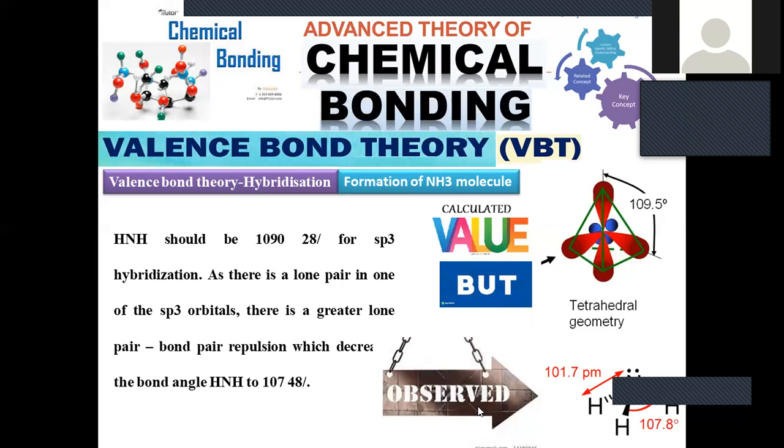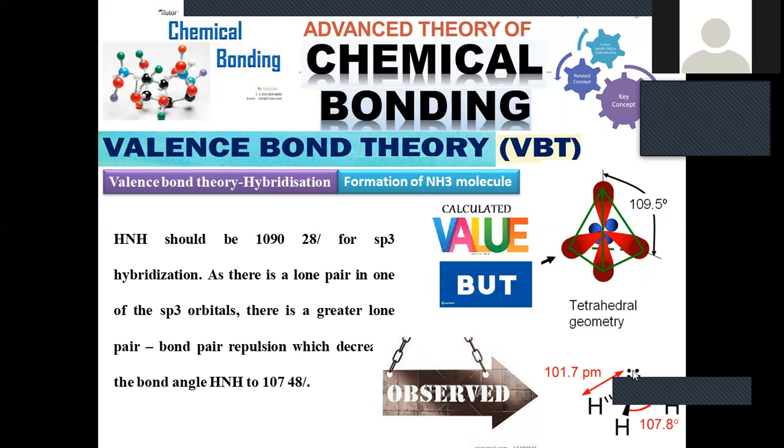This is the expected value, but the observed value is 107 only. To explain this: ammonia should be 109 degrees because it participated in sp3 hybridization and acquired tetrahedral geometry, but it is experiencing lone pair-bond pair repulsions within the molecule. This is the main cause for the deviation from the expected value.